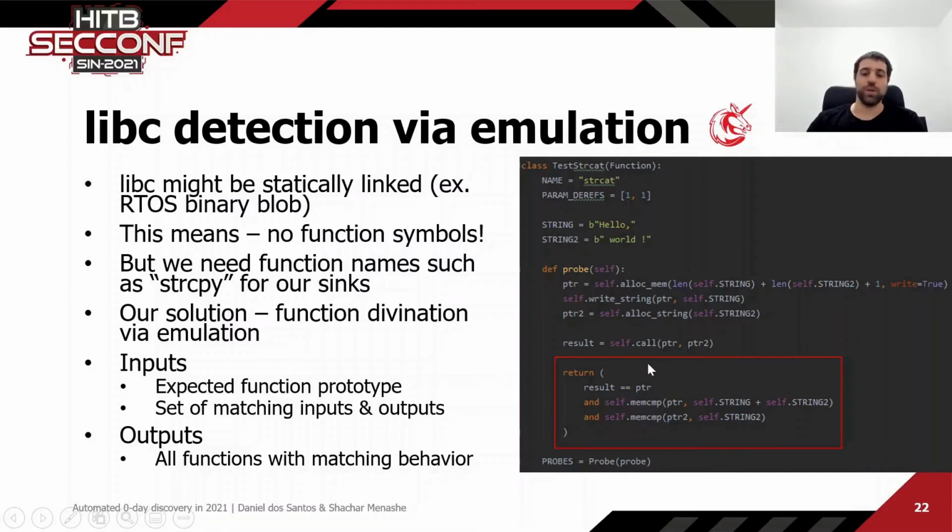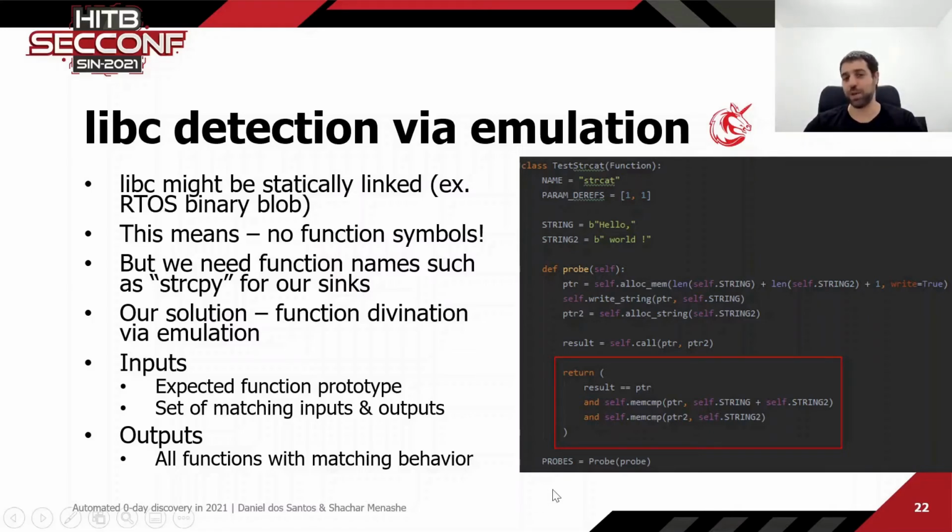So in this case, it will test all functions that get two character pointers as input, so two arguments which are pointers, and then it will call the function with hello and world.